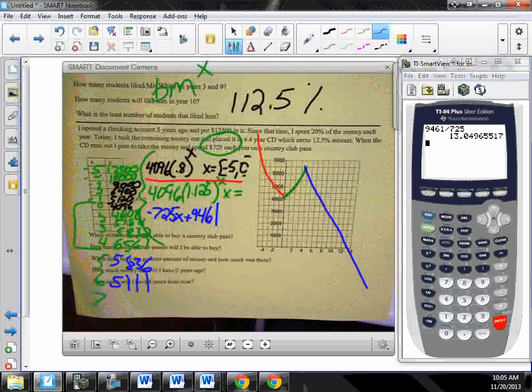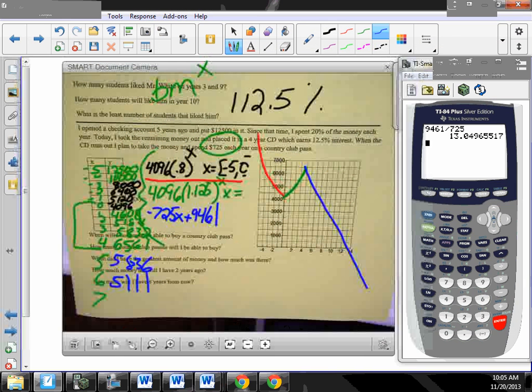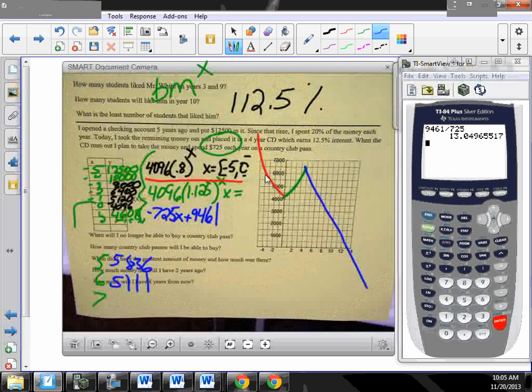So the first question underneath says, when will I no longer be able to buy a country club pass? At 13. At 13, I'll only have, I don't know, like $36. So when I reach year 13, can I buy a pass for that year?